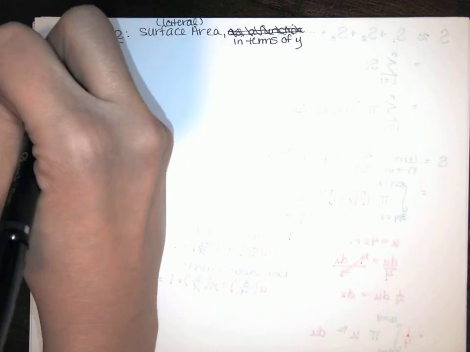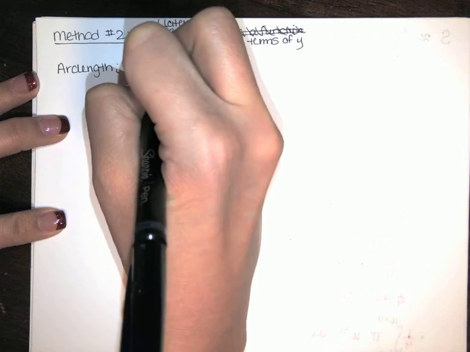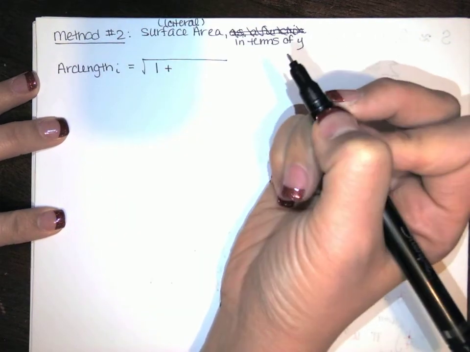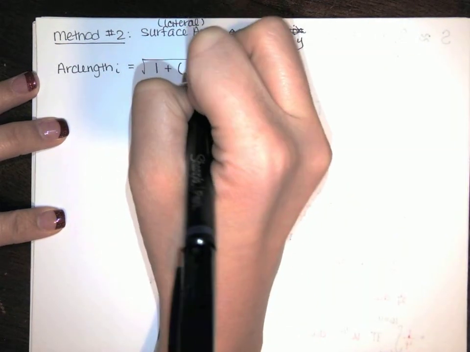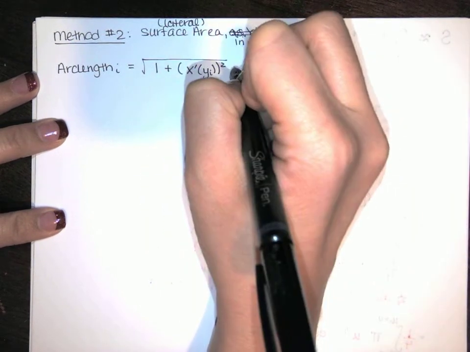Okay, so to do that I'm going to start with my arc length. Now in terms of y, the arc length is the square root of 1 plus x prime of y sub i squared times delta y.